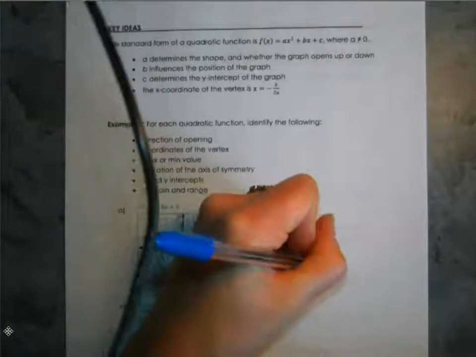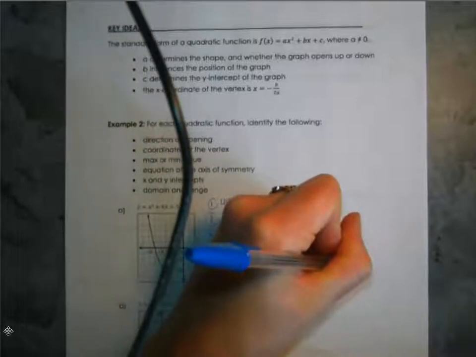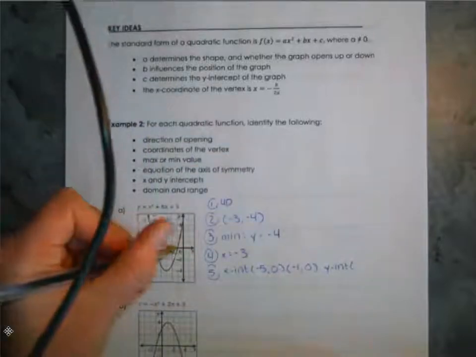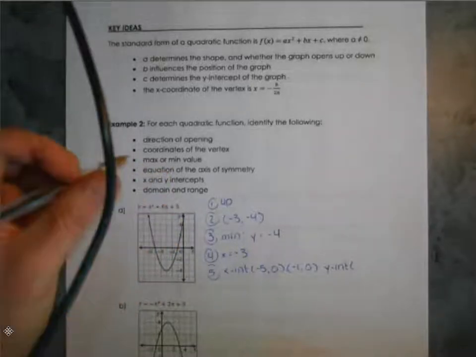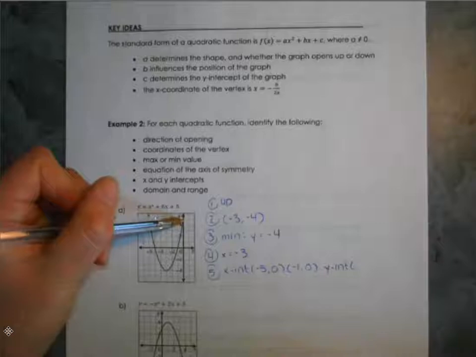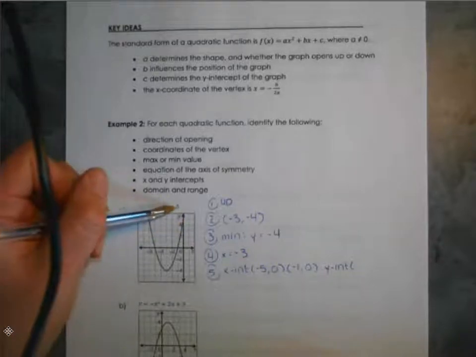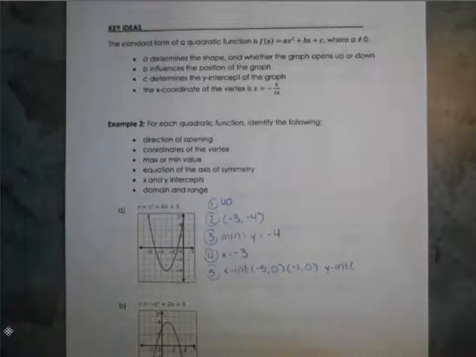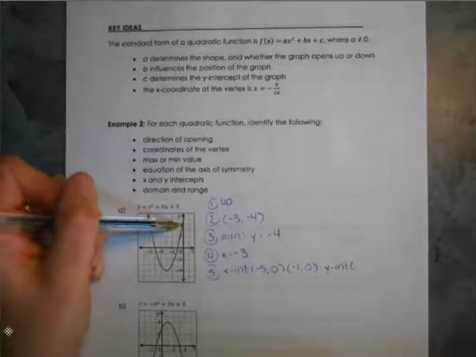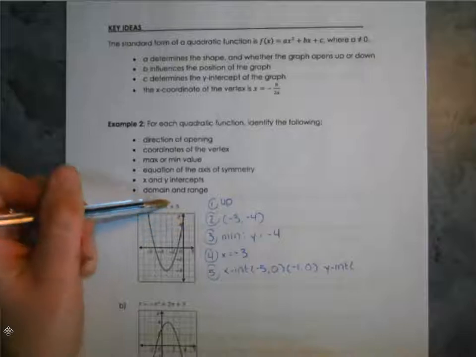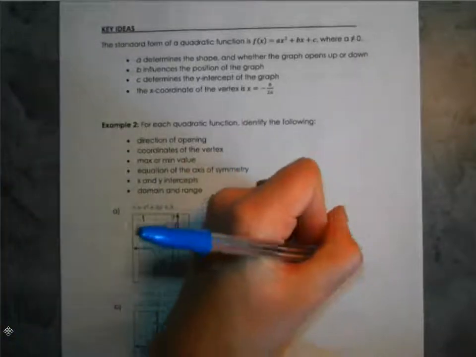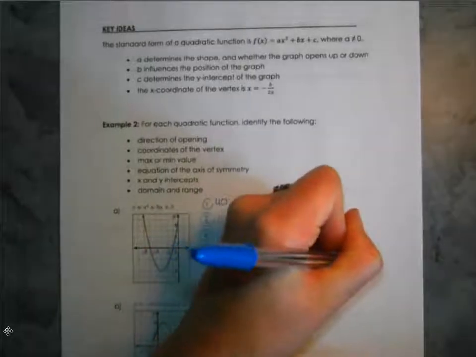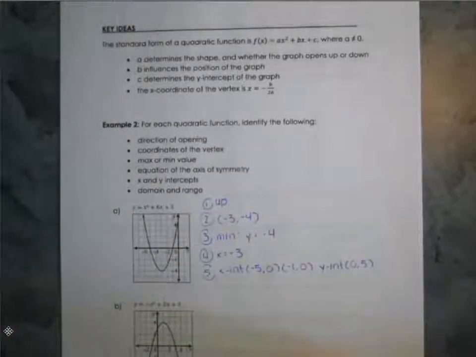And then for our y-intercept, we are going to have up here. Now this one's a little bit trickier because it's kind of hard to see up here, but remember what we just learned, which is that our y-intercept is actually given directly in our equation. So if we weren't sure if this was a 4 or a 5 or a 4.5, we can see right here that it is 5. So our y-intercept is going to be where x is equal to 0 and y is equal to 5.